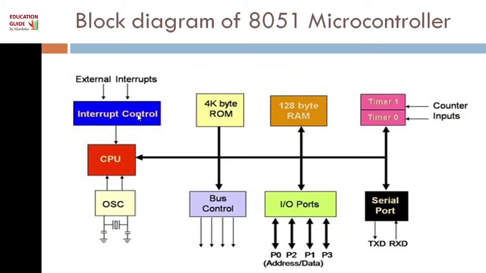Now the 8051 microcontroller incorporates 5 interrupts: INT0, external hardware interrupt; TF0, timer 0 overflow interrupt; INT1, external hardware interrupt; TF1, timer 1 overflow interrupt; RI or TI, serial communication interrupt.